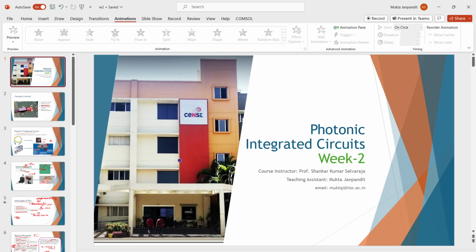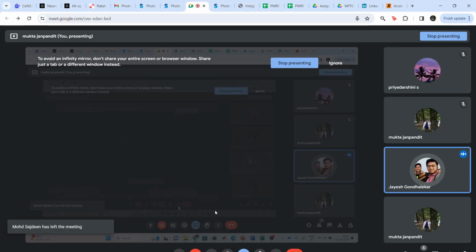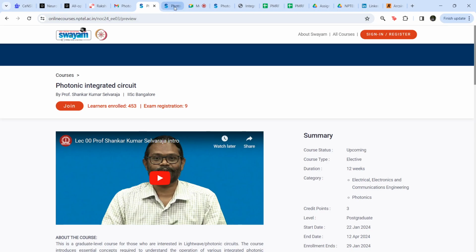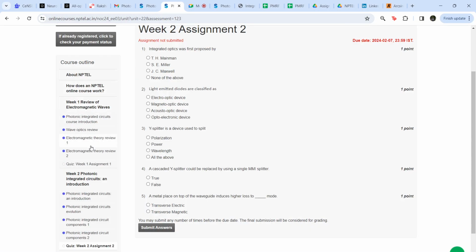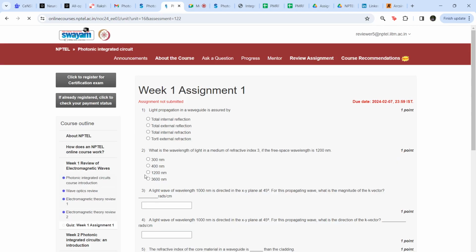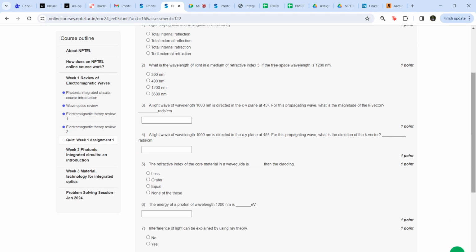Ma'am, in one of the questions in the first assignment, they asked about the direction of the wave vector, but the allowed answer was having only a number. I remember that. Even in last class, I discussed that it was a very ambiguous question.